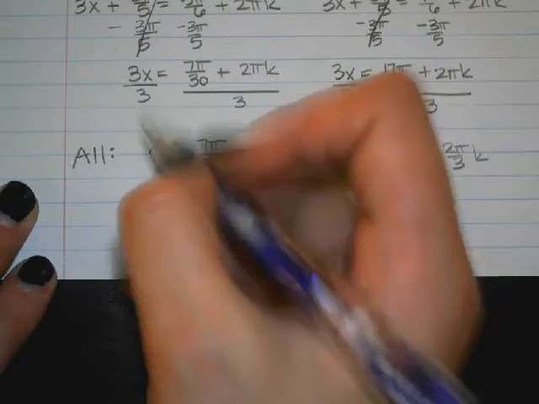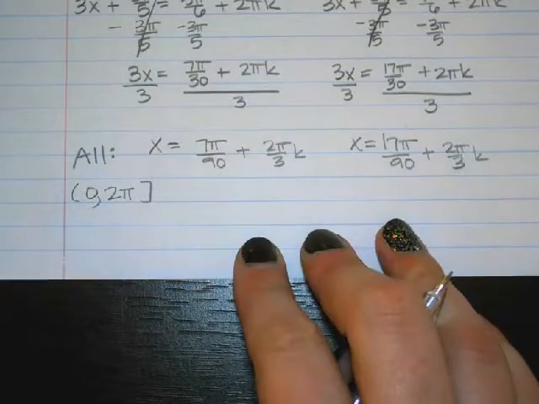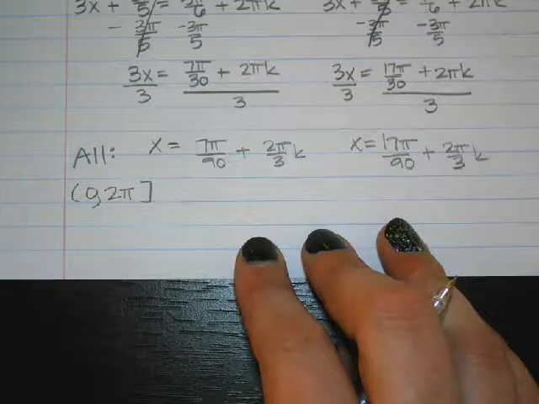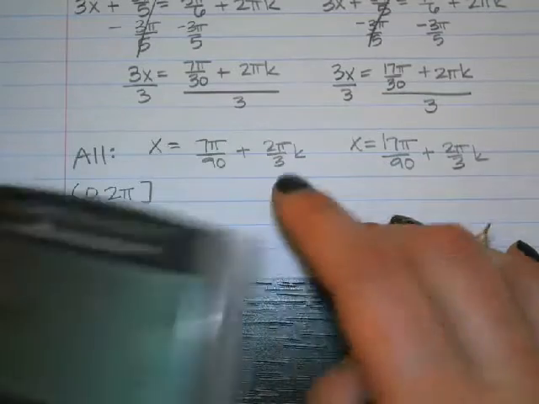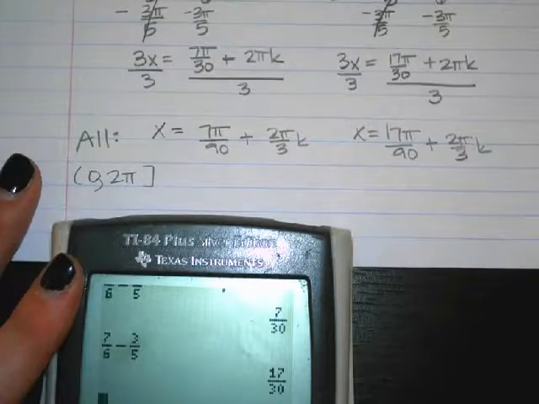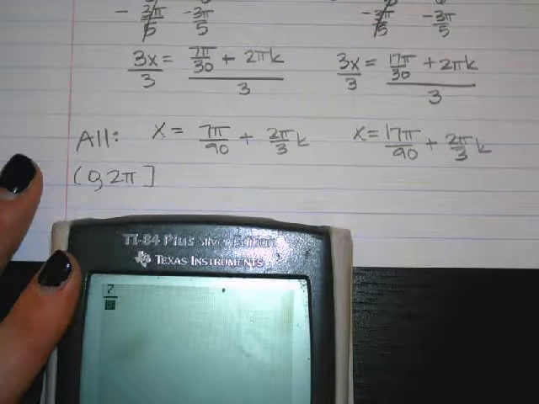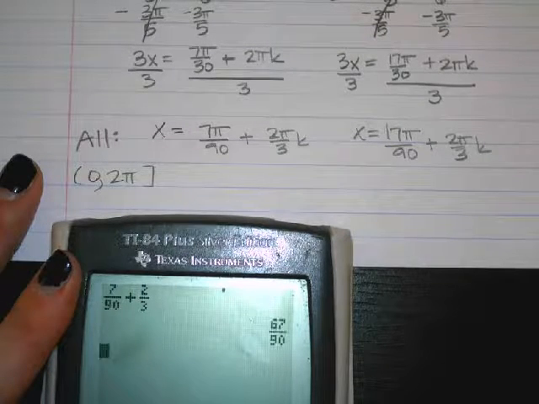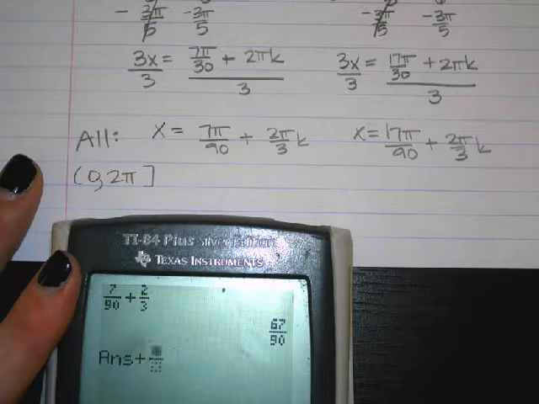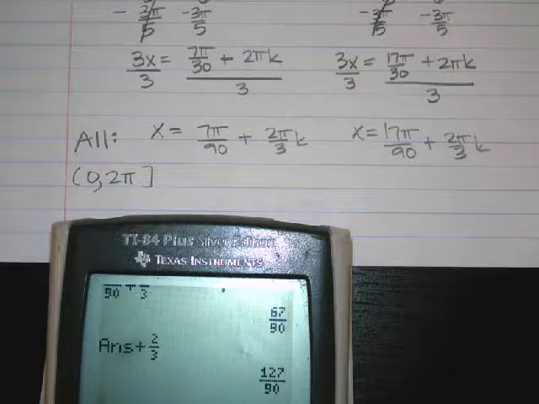Now to get our specific solutions, how many are we expecting to have? 6. We're going to expect 6. 3 from the first one, 3 from the second one. So I'm going to say 7 90ths plus 2 thirds. So I got 67 90ths and 127 90ths.